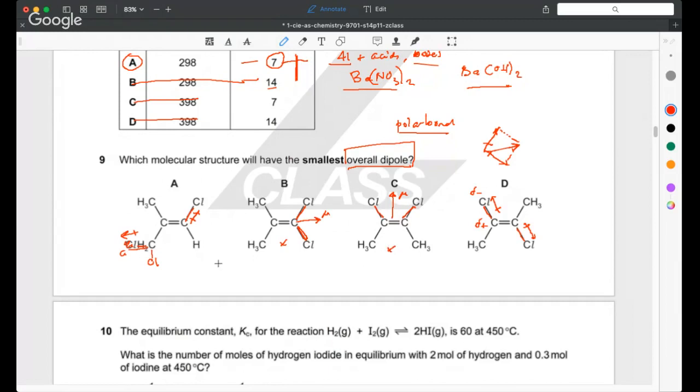So you've got to choose between this A and D, and the vectors here are going to be pretty much cancelled out much more than they are over here. So D is the right answer there because the individual polar bonds are pretty much cancelling each other out because they're pointing in opposite directions. So the smallest overall dipole for that one was D.